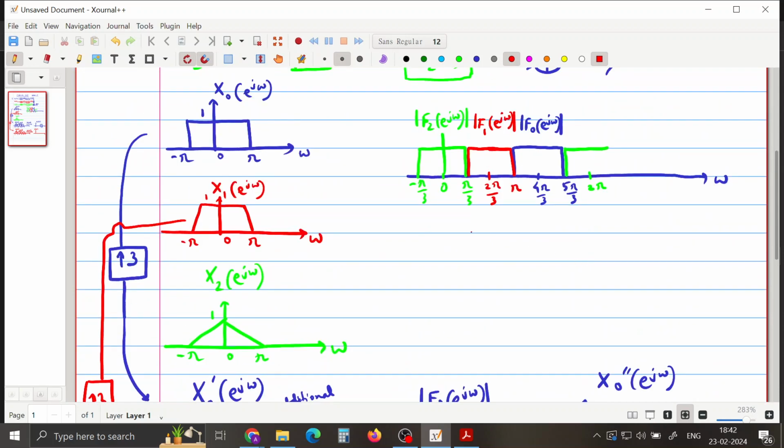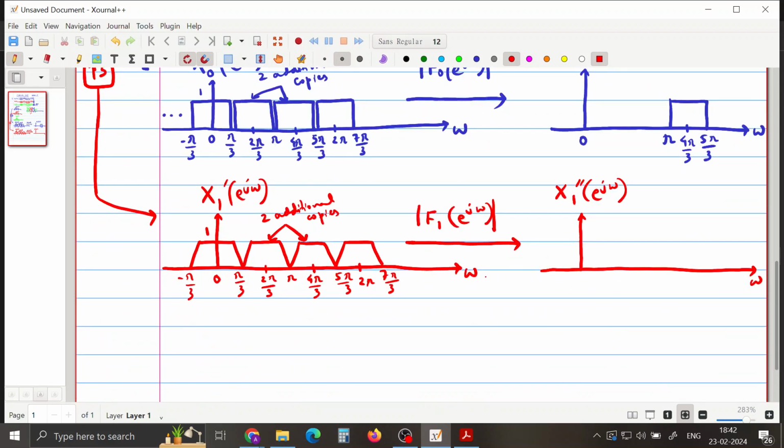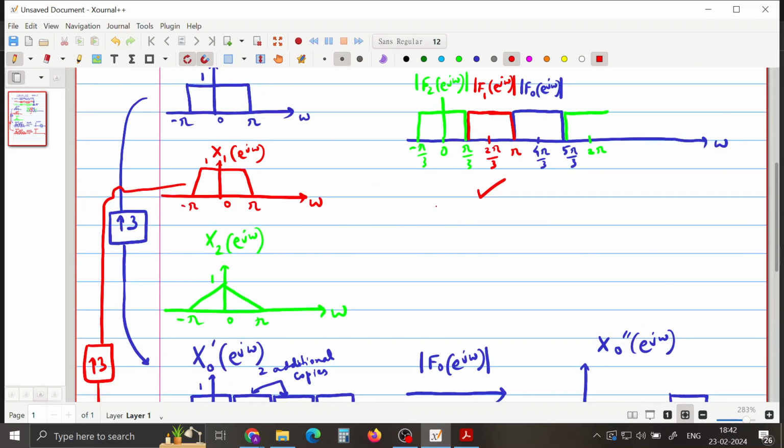F1, I have drawn it here in red. This is the reason I used consistent different inks, so that you can understand. Now look at F1. F1 is from pi by 3 to pi. Now you tell me, after filtering through F1, what will I get? F1 is from pi by 3 to pi.